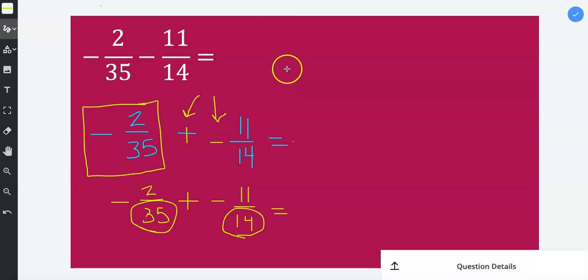So what I'm going to do is start out writing my multiples of 14 and my multiples of 35 and try to find a common denominator that I could use. All right, so I'm counting by 14s. 14 plus 14 is 28. And if you don't know what the next number is, you're counting by 14, so just add the 14 to that number. 8 and 4 makes 12.